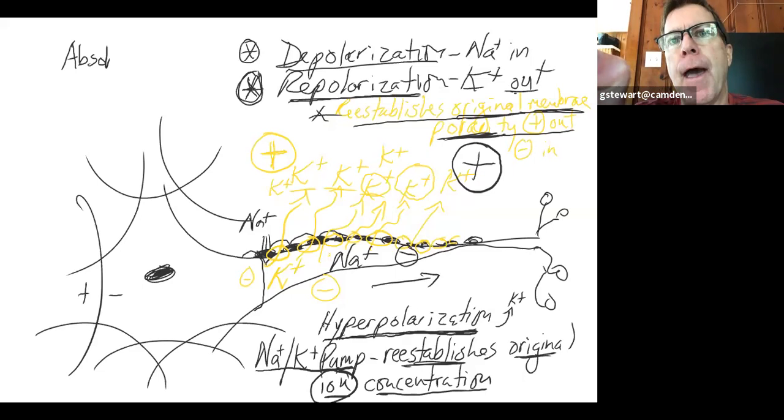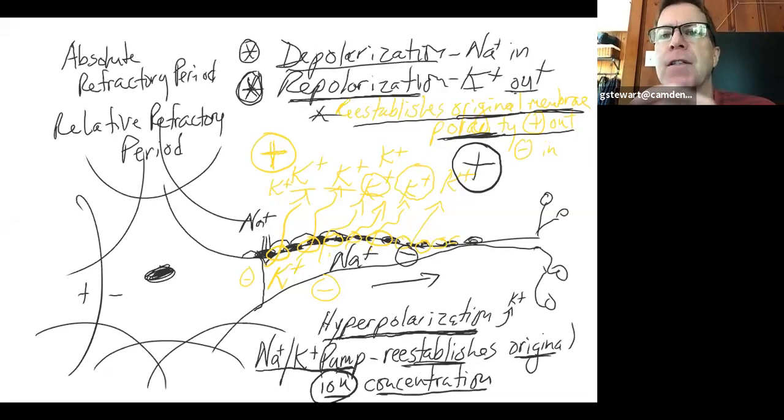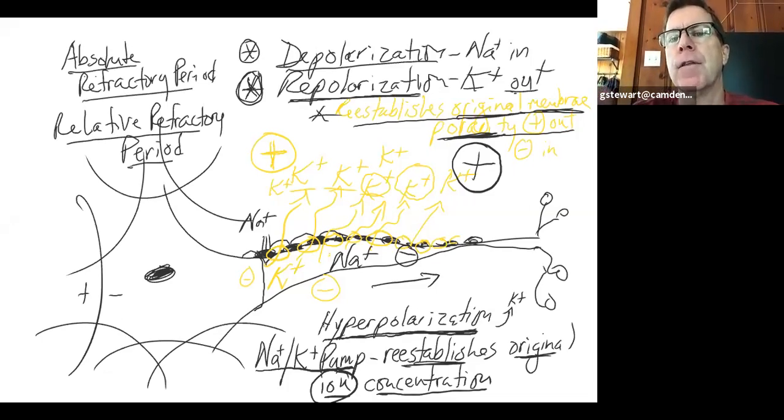I'm going to write absolute refractory period and relative refractory period. These are timed events that occur during this story.